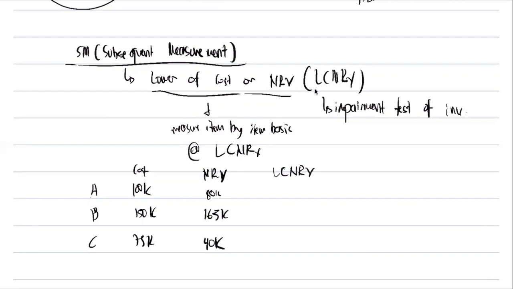So which is lower? A, 100 versus 80, lower is 80. B, 150 versus 165, lower is 150. C, 75 versus 40, lower is 40. So we have here 270,000 pesos. Now you know how to apply your LCNRV.